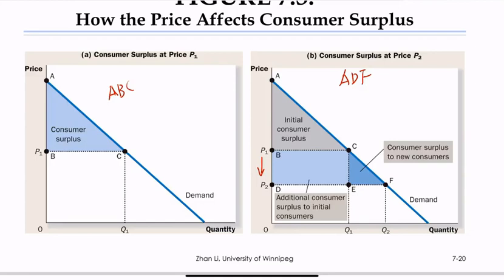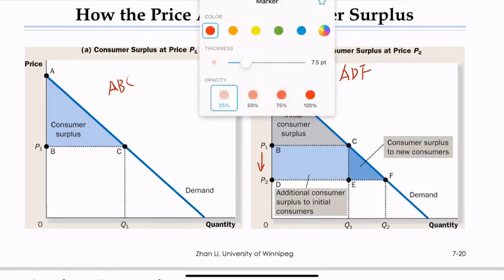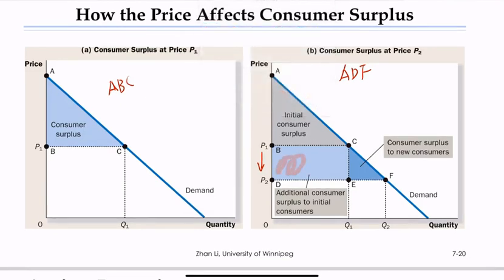So the basic result is, as price decreases, consumer surplus increases. Now you can see that we could actually see the amount of increase, right? So basically the amount of increase is given by this little rectangle and this little triangle, right?